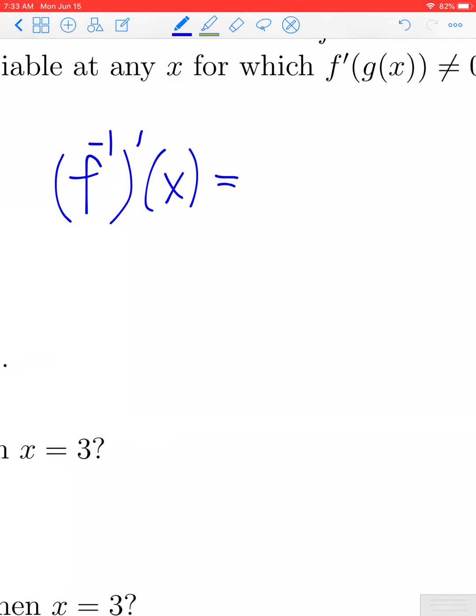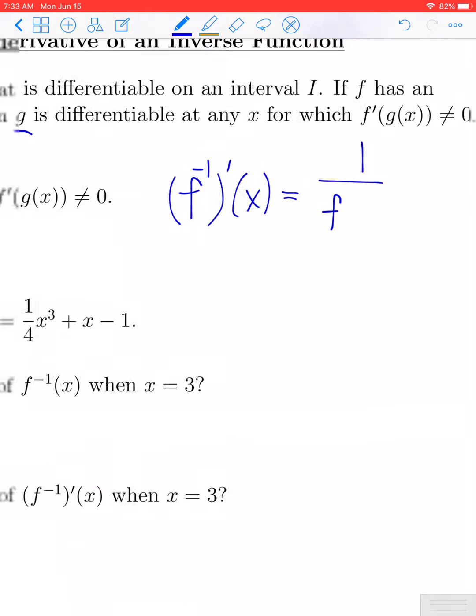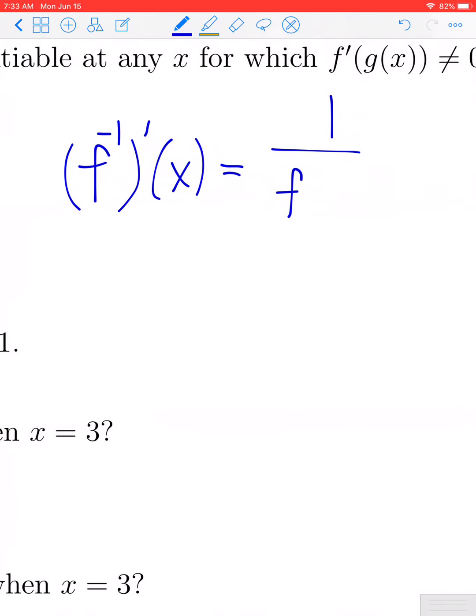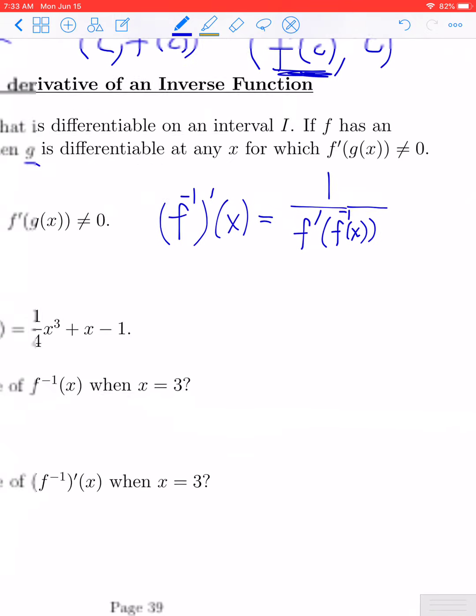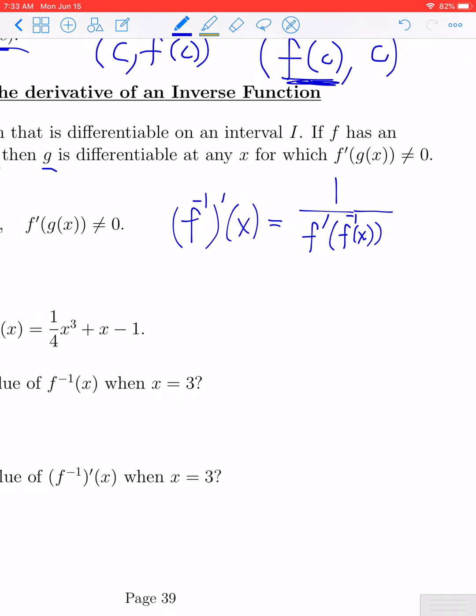According to that formula, this is equal to 1 divided by f prime, evaluated at the inverse function, f inverse of x. And you can see the requirement we mentioned above on why we would need that to not be 0. That's essentially the denominator in this expression, and if that denominator is 0, then this expression would be undefined and we wouldn't get a value.